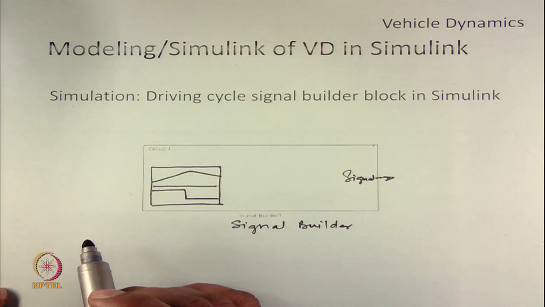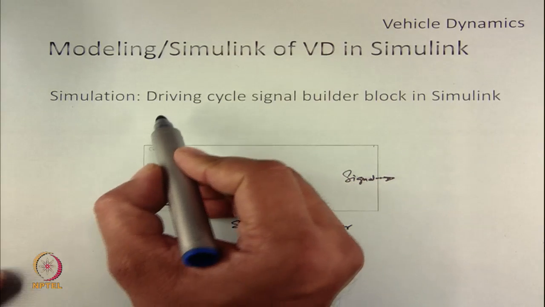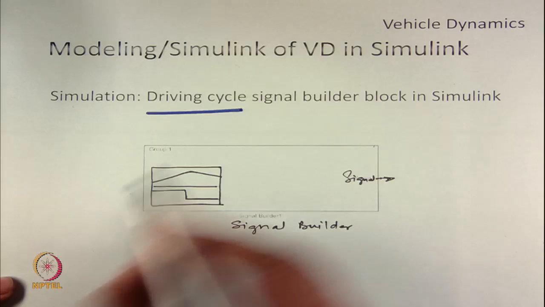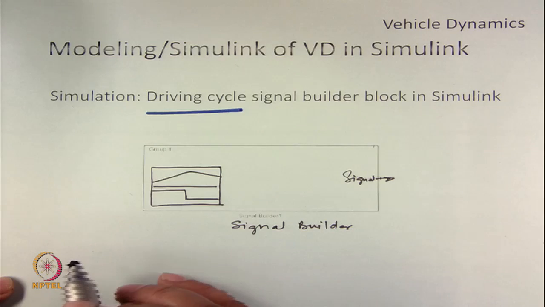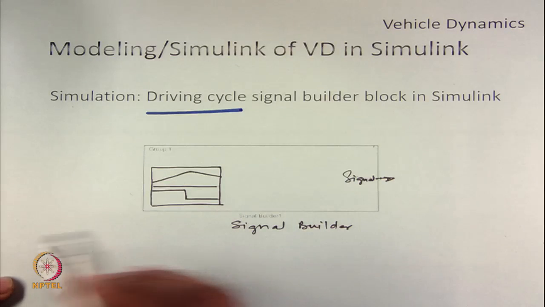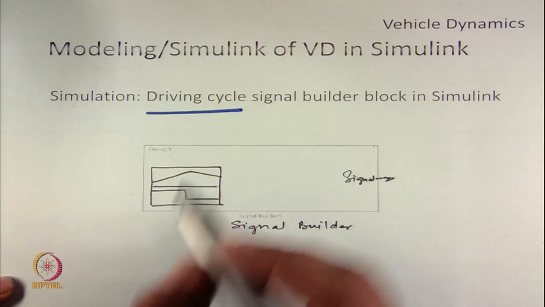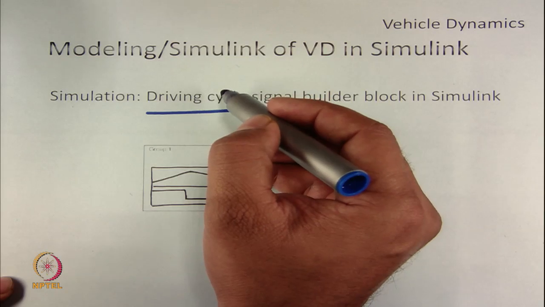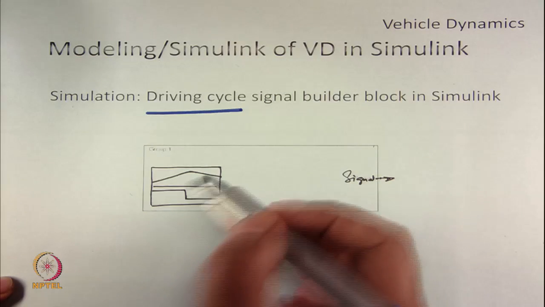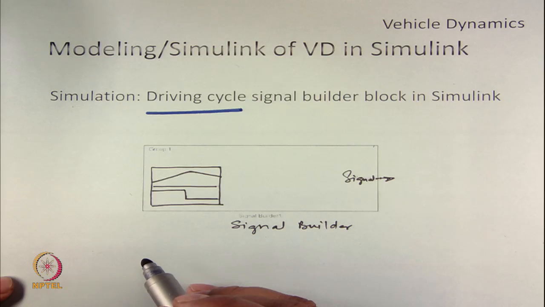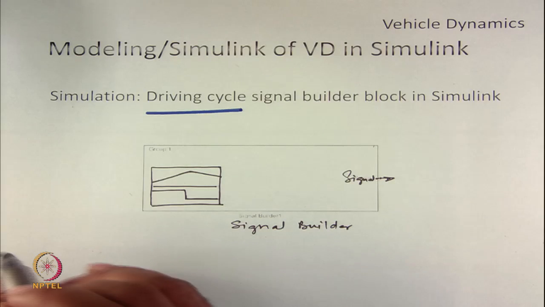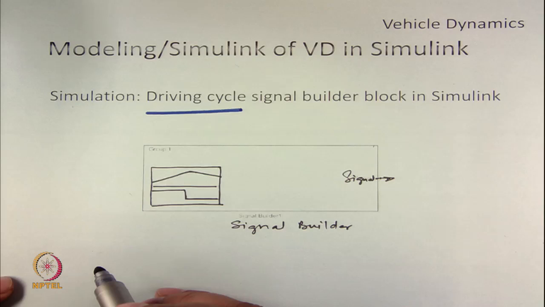We have also discussed the driving cycle of an electric vehicle. When a mechanical system is driven on a driving cycle, we can use that simulation for calculating range. So, let us see how we can incorporate the driving cycle into the mechanical block.